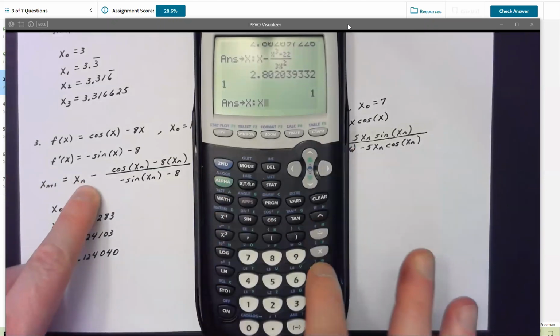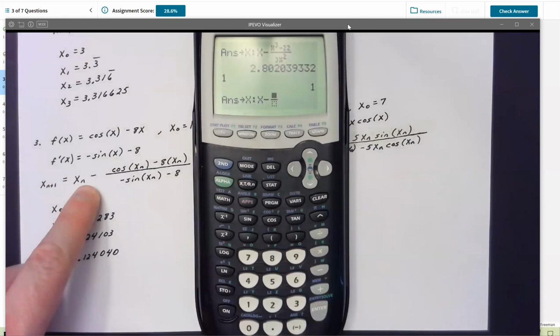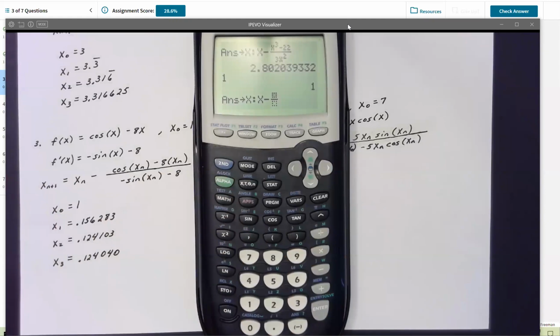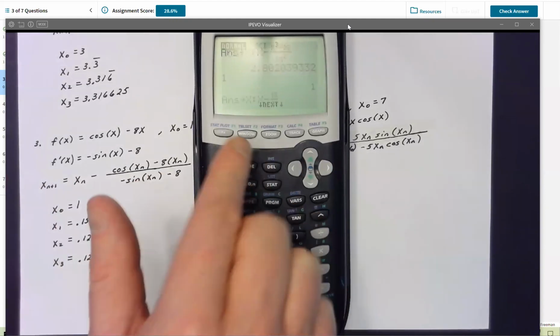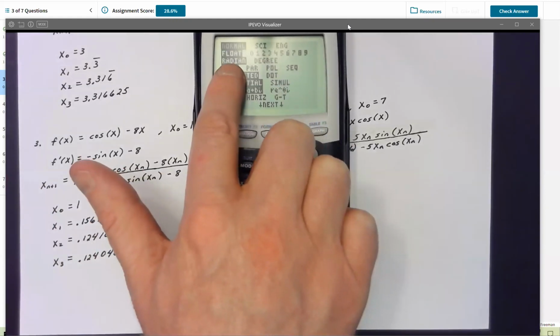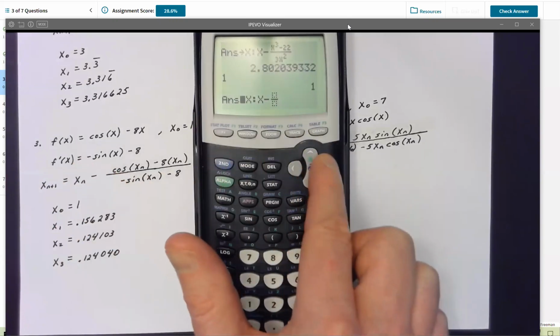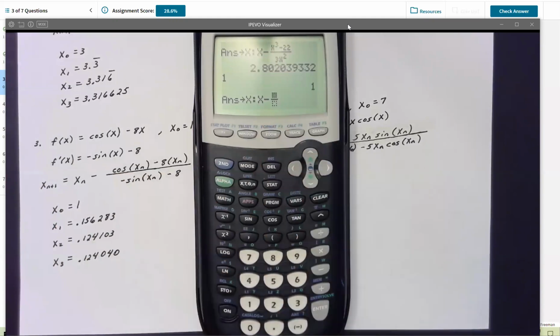It's X minus the fraction, cosine X minus 8X. Now please make sure you're in Radian mode. You never want to be in degree mode in a calculus class. So, okay, making sure that you're in Radian mode now.